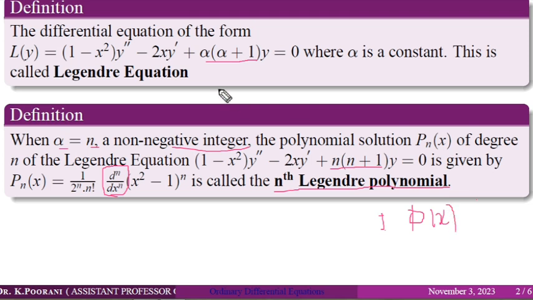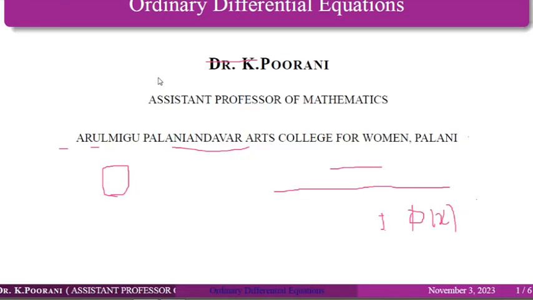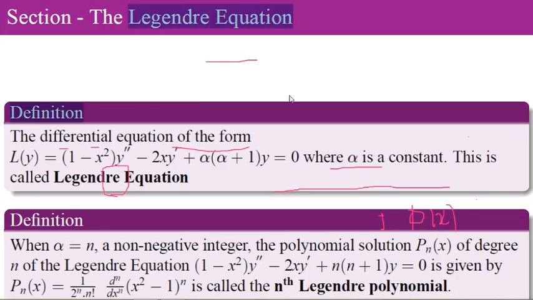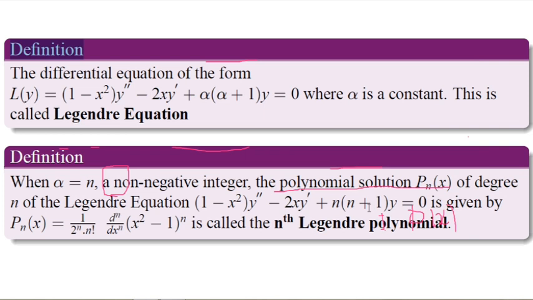But in this topic, the Legendre equation, we denote the solution as Pn of x. The polynomial solution Pn of x is the nth Legendre polynomial, denoted by Pn of x.